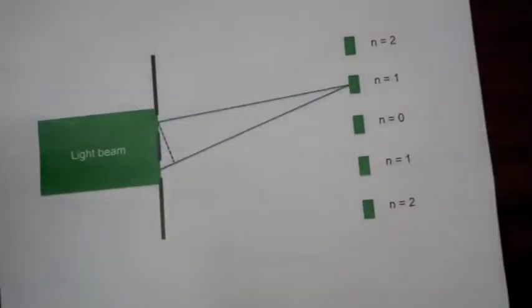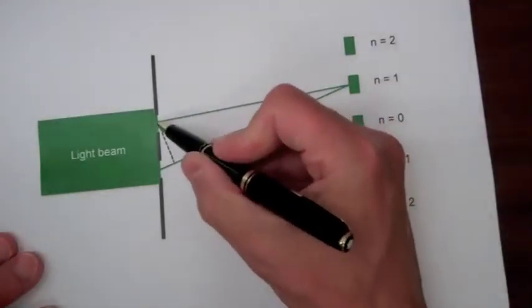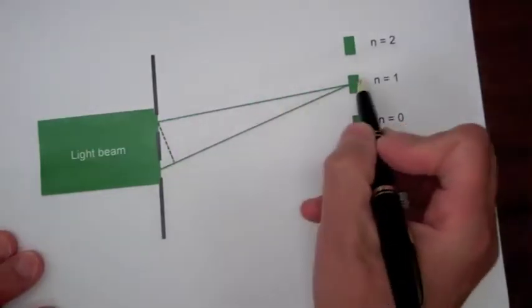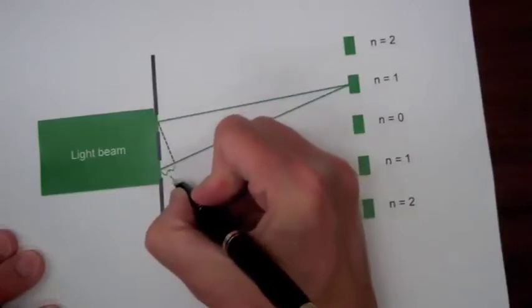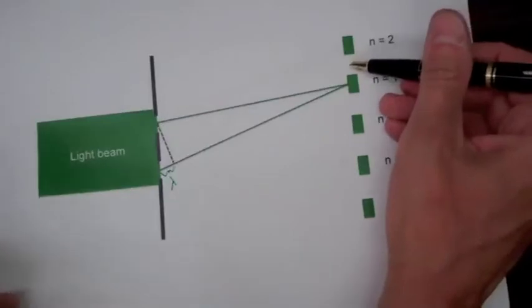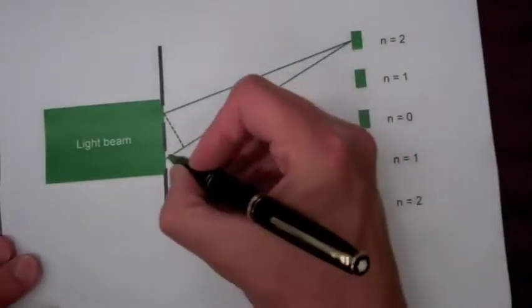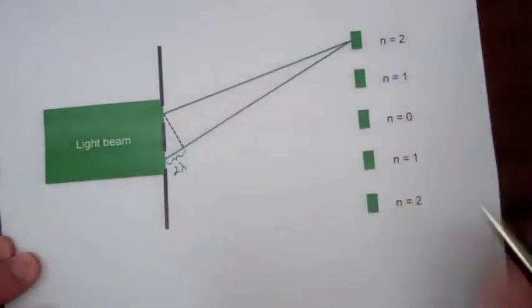So in other words, if we take a line that goes from the top slit and is perpendicular to the line of sight from the bottom slit to the first order fringe, this distance right here will be one wavelength. Then if we move up, we'll get to a dark spot and then another light spot, which will be our second order fringe. And so now the difference in the two path lengths is two wavelengths.